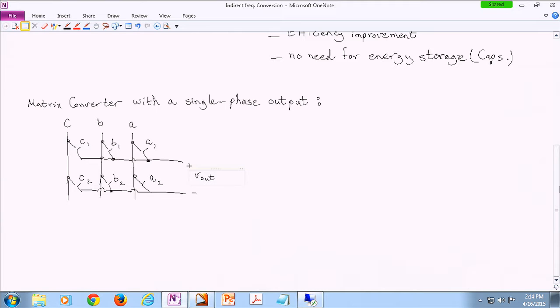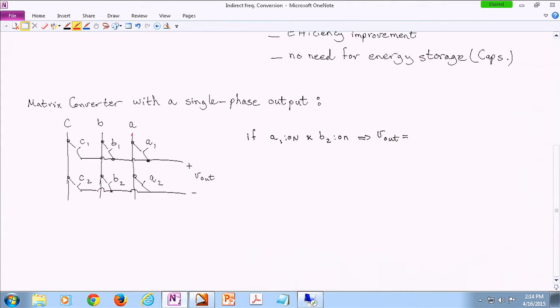For instance, if A1 is on and B2 is on, then the output voltage, okay, let's take a look.